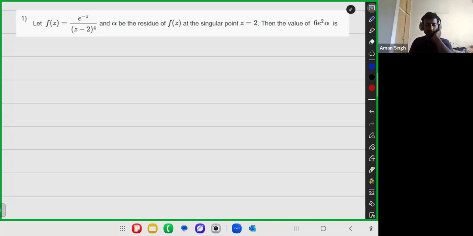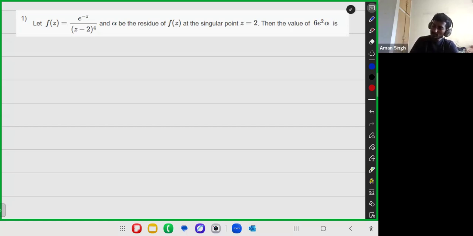How to do that? We expand this function into a Laurent series and then calculate the residue. There are other tricks, of course, but that is the basic one. We will use the very basics here.